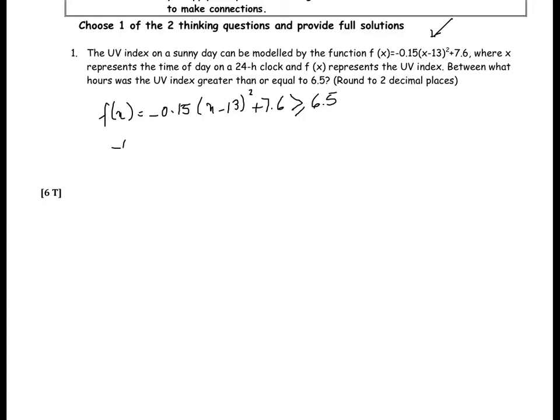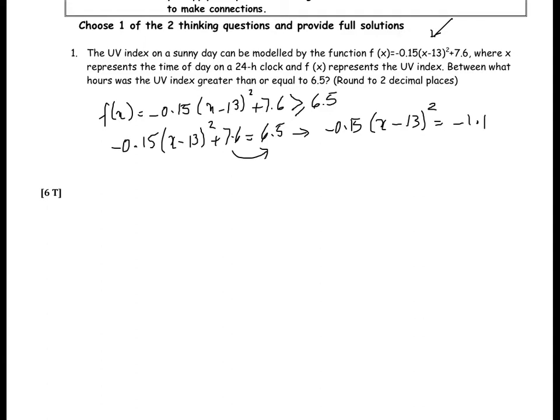So I'm going to have negative 0.15 (x minus 13) squared plus 7.6 is equal to 6.5. I'm going to move 7.6 to the right, and I get negative 0.15 (x minus 13) squared is equal to 6.5 minus 7.6, which gives me negative 1.1.